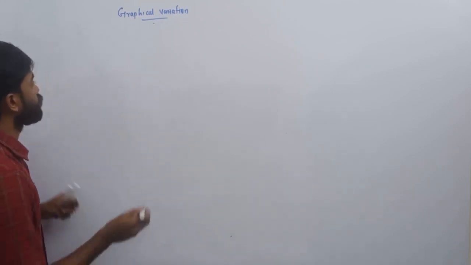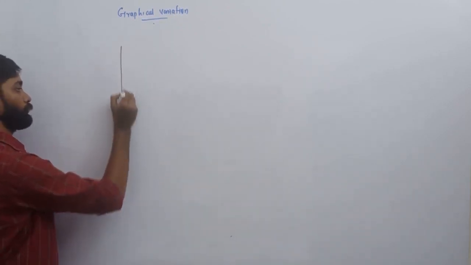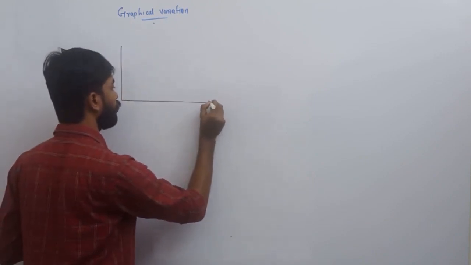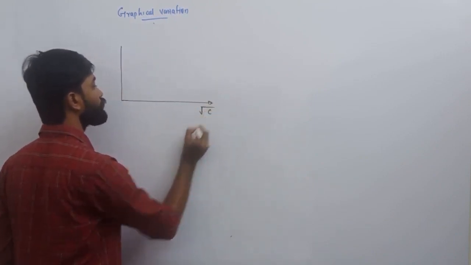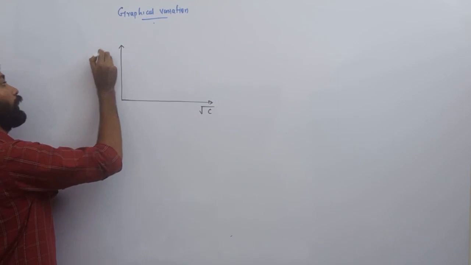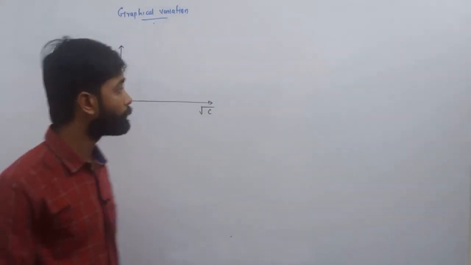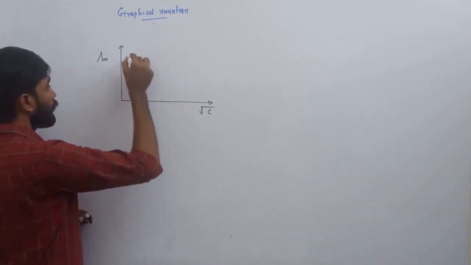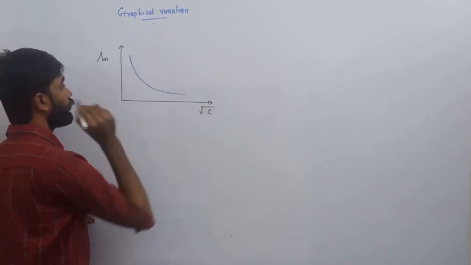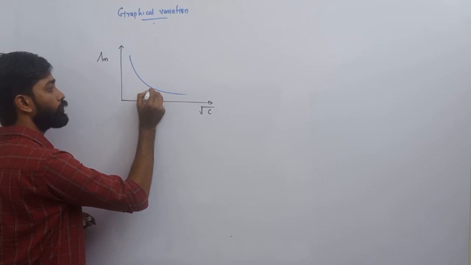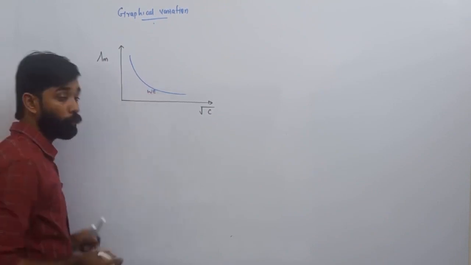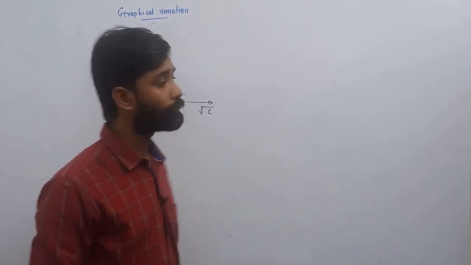There is a graph where the y-axis has the square root of concentration and the x-axis has molar conductance. For a weak electrolyte, the variation will be like this. This is for a weak electrolyte.